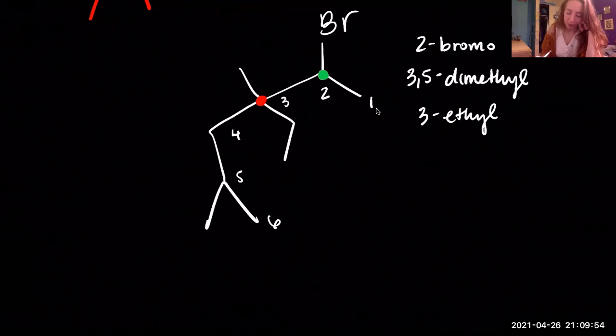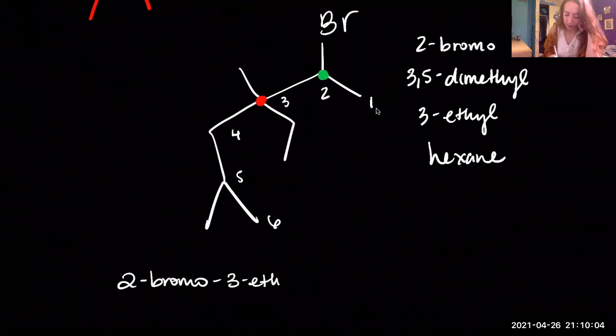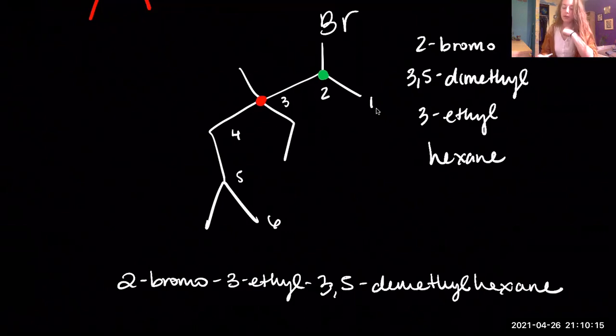Okay, so putting this all, and this is also a hexane. Putting this all together, we'll have 2 bromo, 3 ethyl, 3, 5 dimethyl, hexane. Okay.